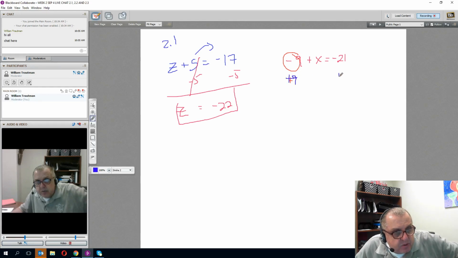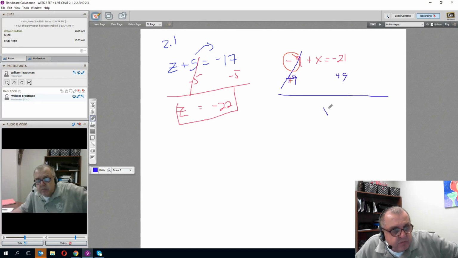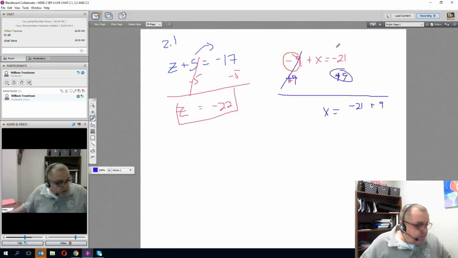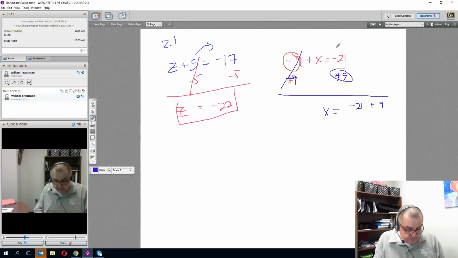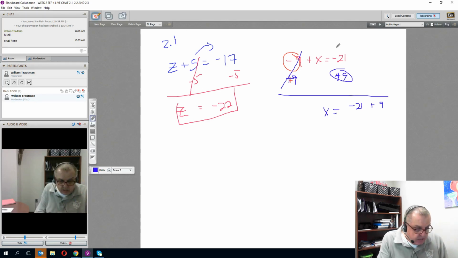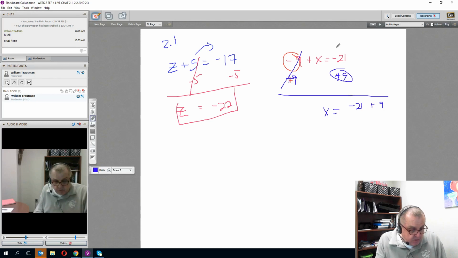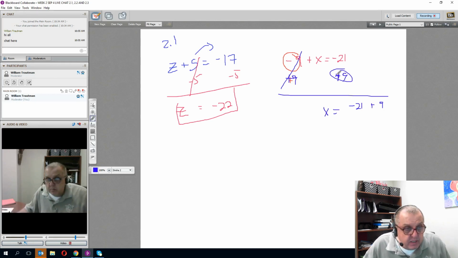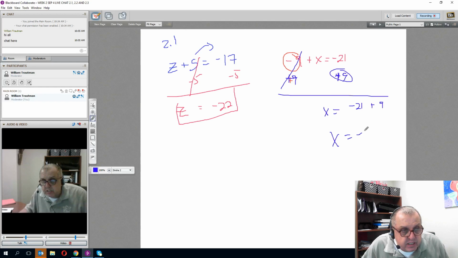Negative 9 and a positive 9 turn into 0. I'm left with x equals negative 21 plus 9. On my calculator, I'm using the negative button when I hit negative, not subtract. Negative 21 plus 9 says x equals negative 12.